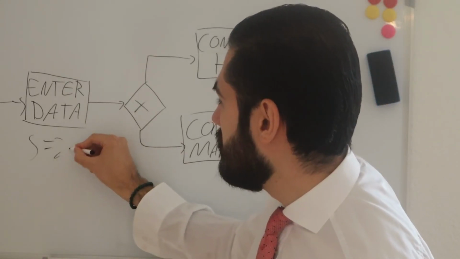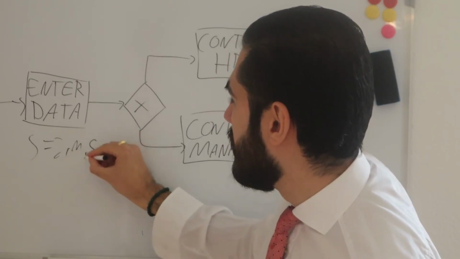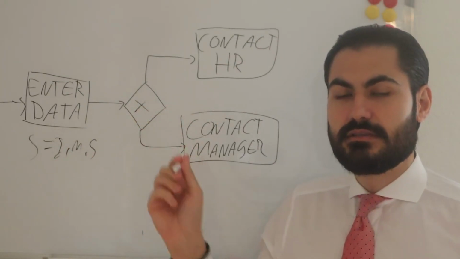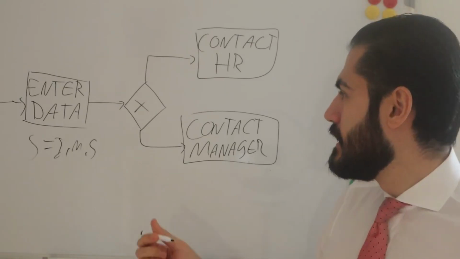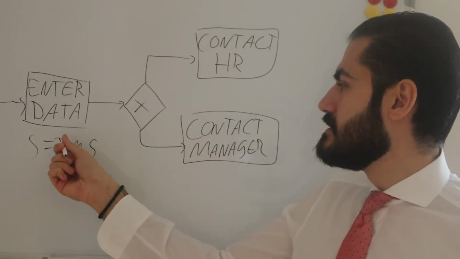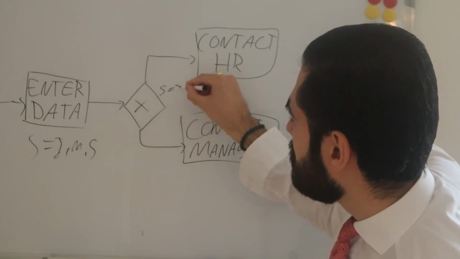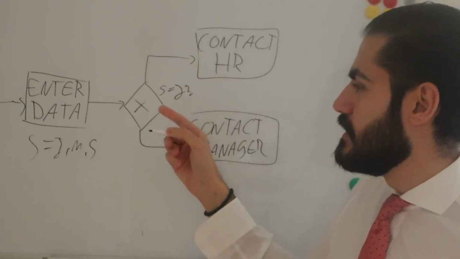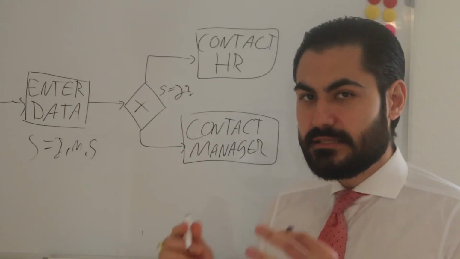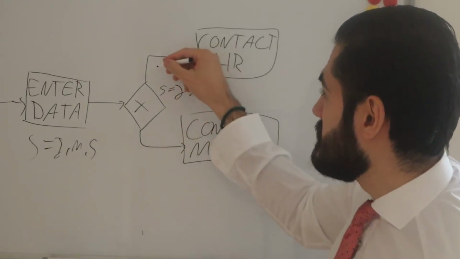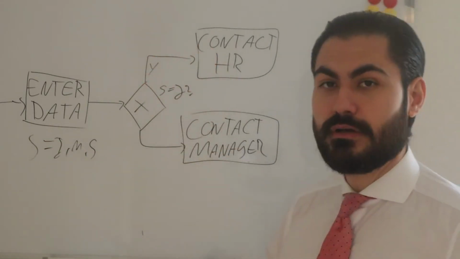So there's a J, an M, or an S. That's the variable. And now we're asking here at this either-or gateway, let's say seniority equals junior question mark. So that's the question right now. Is the seniority we have entered here junior? If yes, we go this route on top.